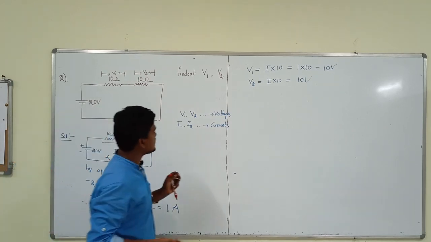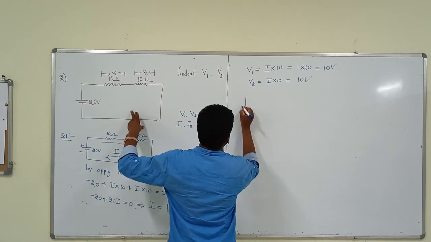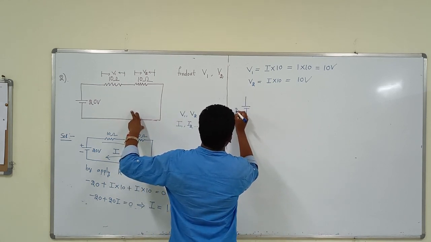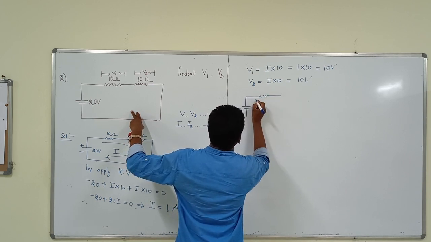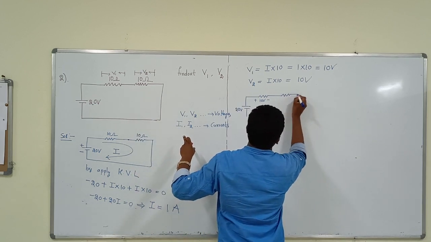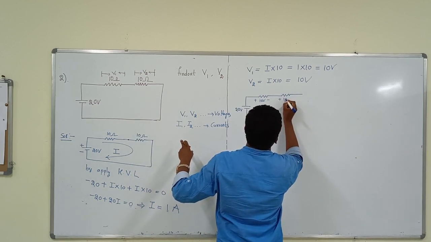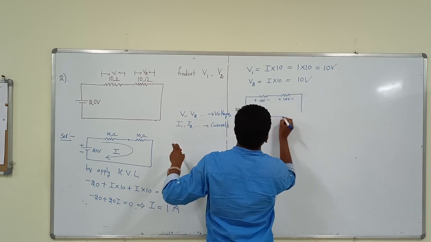So if you observe very clearly, here is the 20 volts source and one resistor drop of 10 volts, plus minus I am writing. Here is the other resistor drop of 10 volts. The circuit is closed.